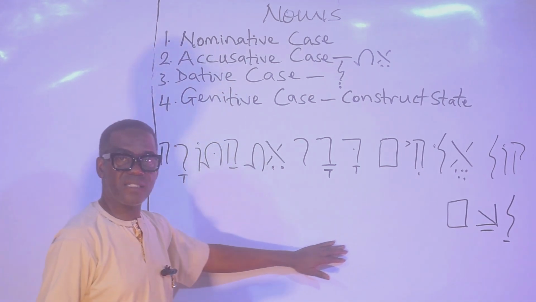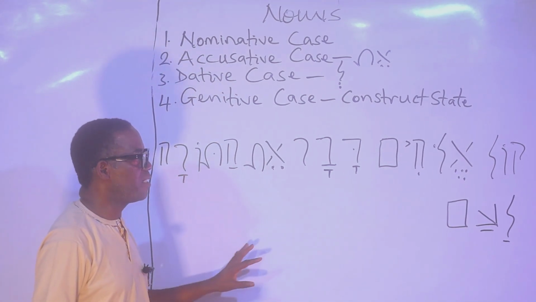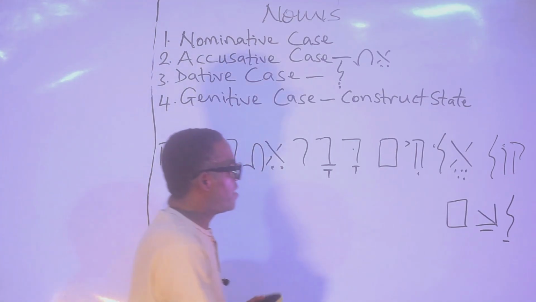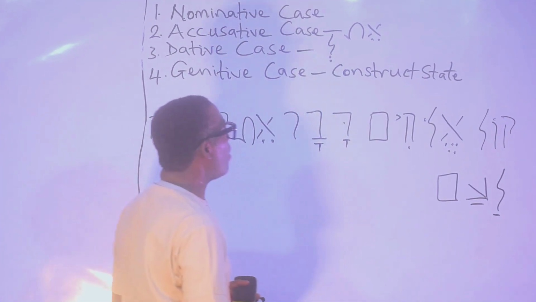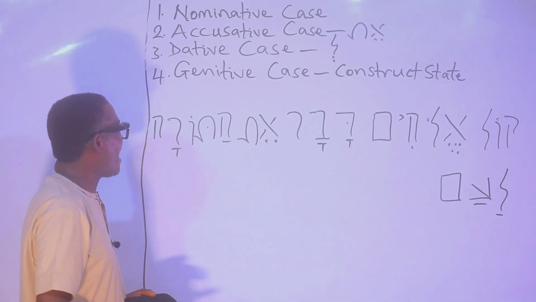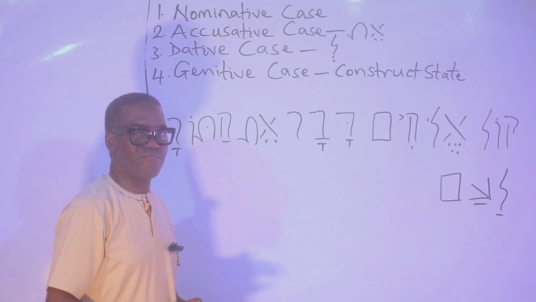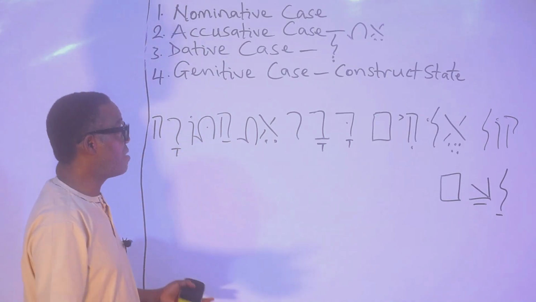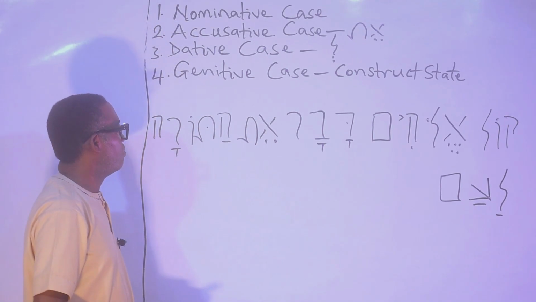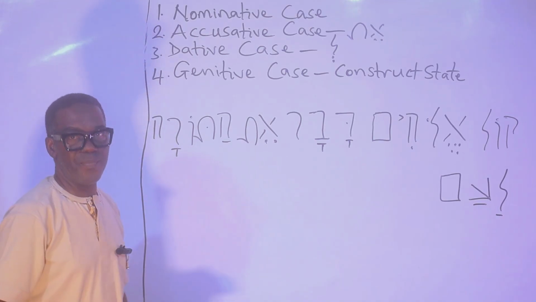When you look at this sentence, this is a Hebrew sentence. Let me read the sentence. This is Kol Elohim Davar Et HaTorah LaAm. It simply means the voice of the Lord spoke the law to the people.